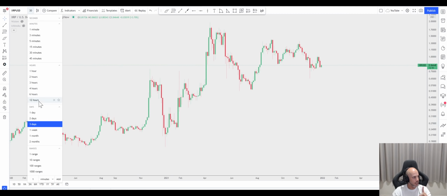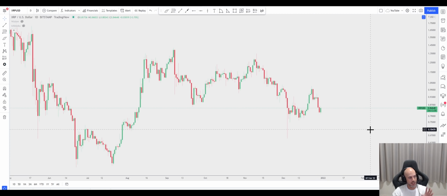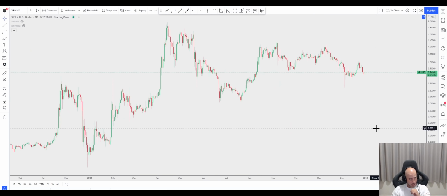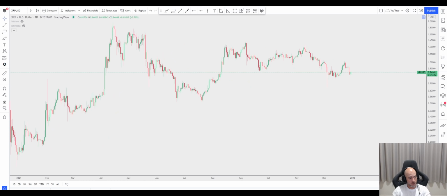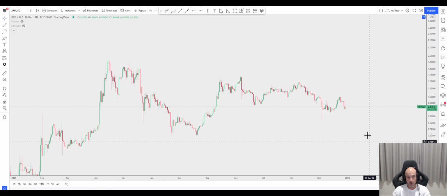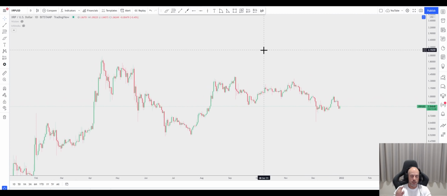Now the daily. We talked about the patterns approach here, right? We are going to do this in two ways. And why two ways?